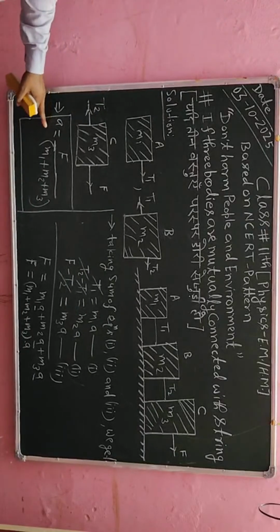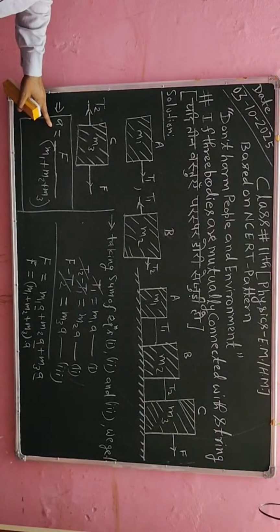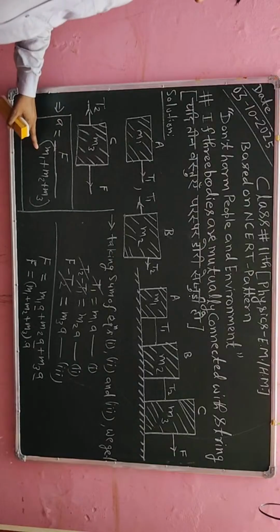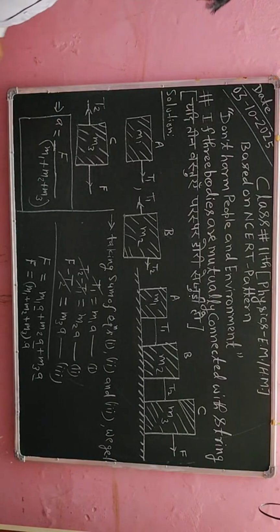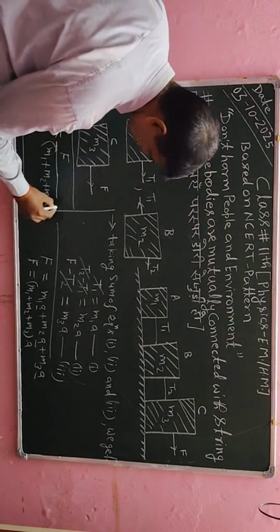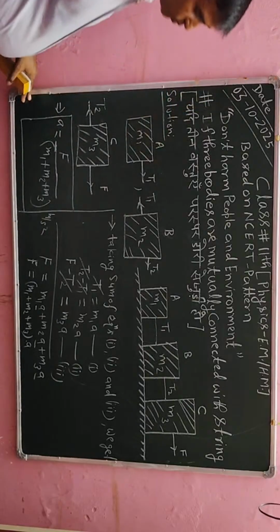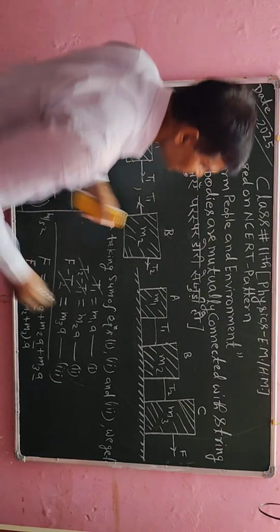A is acceleration, in Hindi I say त्वरण, which is equal to F divided by the sum of all three masses, M1 plus M2 plus M3. Its unit will be meter per second square. Okay, this is the information of acceleration. So this value I have to save here for further use.